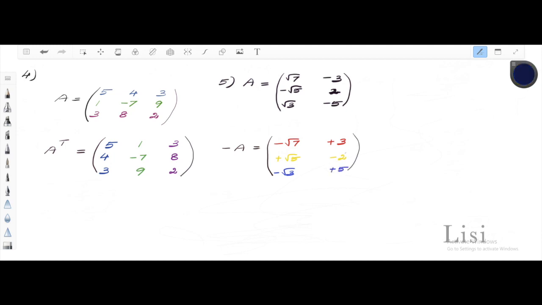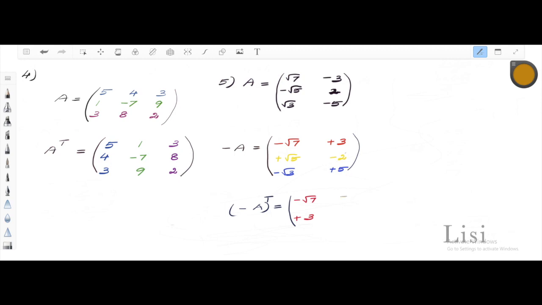Yes, now you are going to write the transpose of this negative matrix. Minus A to the power T is equal to matrix. What is in the first row? You are having red color, isn't it? So you take those red color numbers and write them in your first column. Right? And now, what is in your second row? Yellow numbers, isn't it?